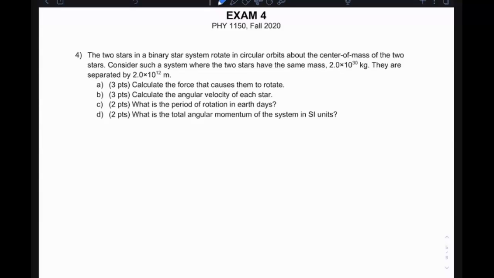So let's do a drawing first. Here we have the first mass separated by a distance r. Each mass is the same.